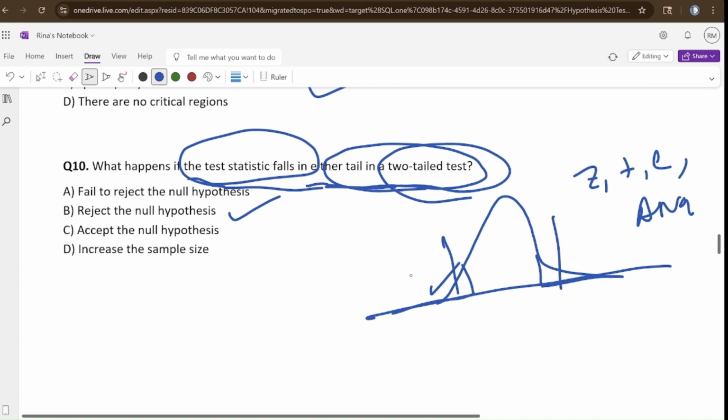If it falls on any side in the critical region, you will simply reject. That is the acceptance region and this portion is rejection. If it is here, reject. If it is here, reject. This is the critical point. These are the critical regions.